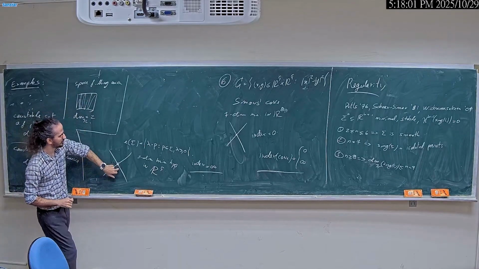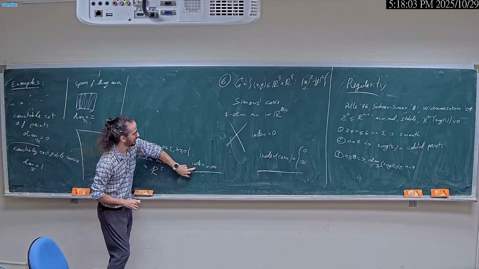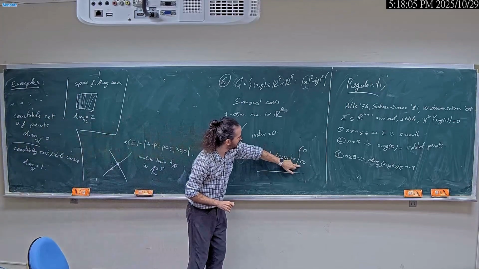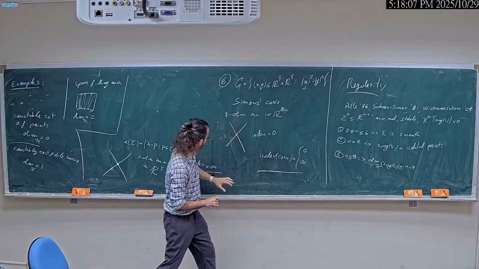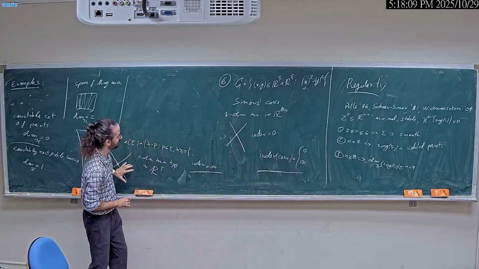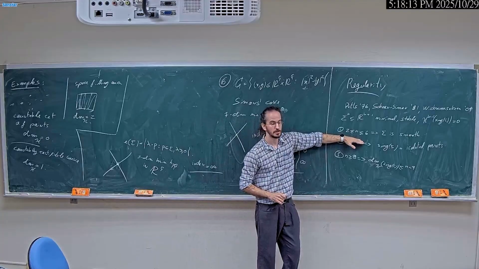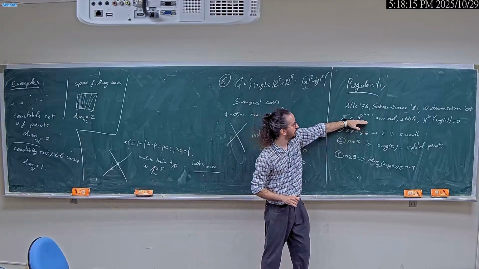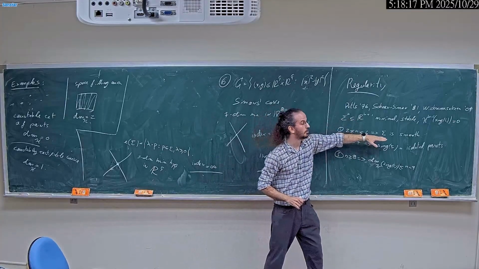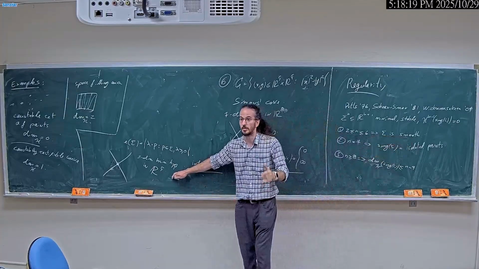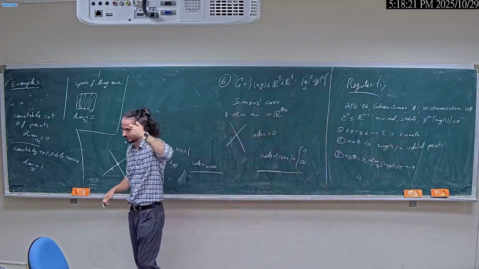You can see here why this one has index infinity, right? Like I said, it's either 0 or infinity, but in the first case, the dimension is low. So everything that is stable has to be smooth. So this one cannot be stable, it has to have infinite index.